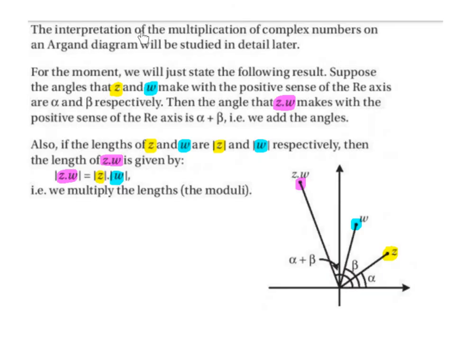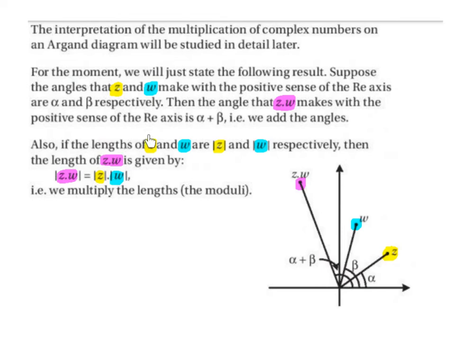The interpretation of the multiplication of complex numbers on an Argand diagram will be studied in detail later. For the moment, we will just state the following result. Suppose the angles that z and w make with the positive sense of the real axis are alpha and beta respectively. Then the angle that z times w makes with the positive sense of the real axis is alpha plus beta, i.e. we add the angles.